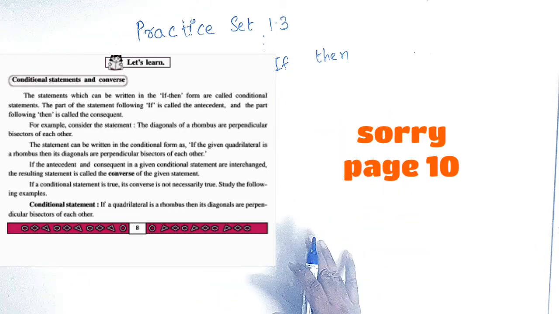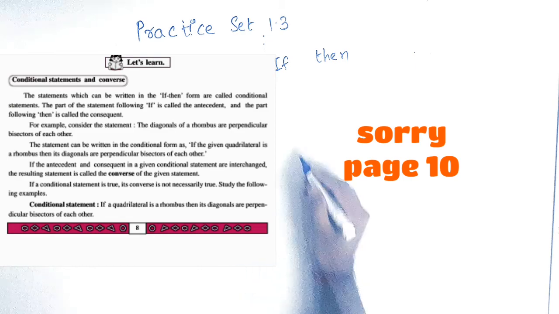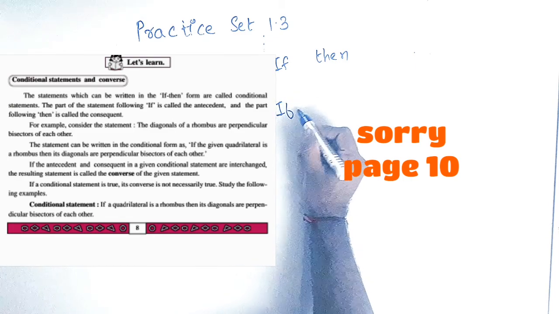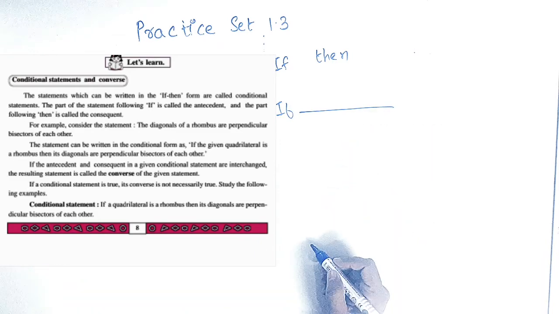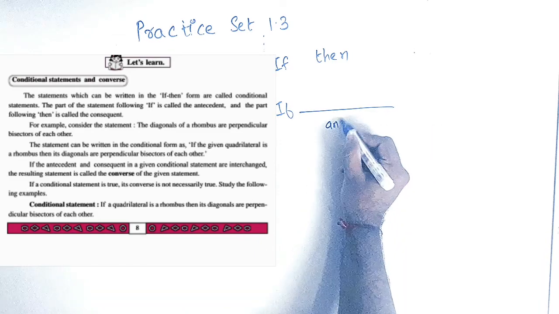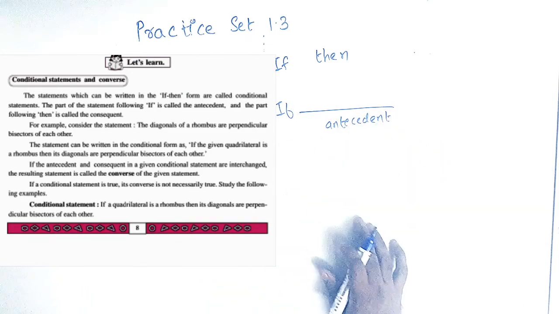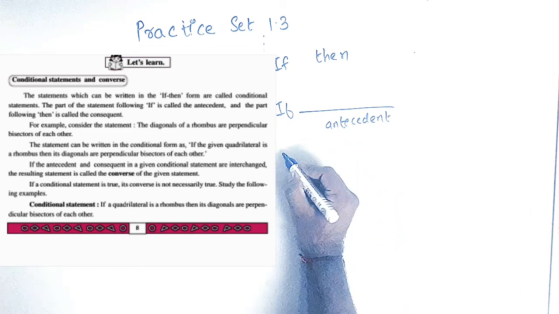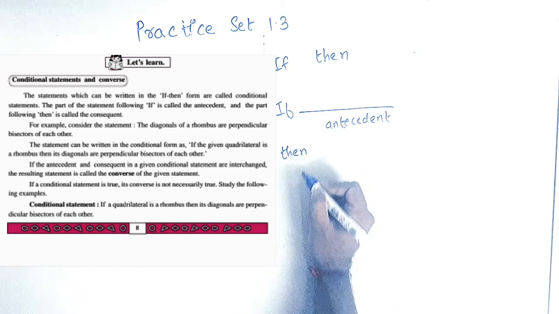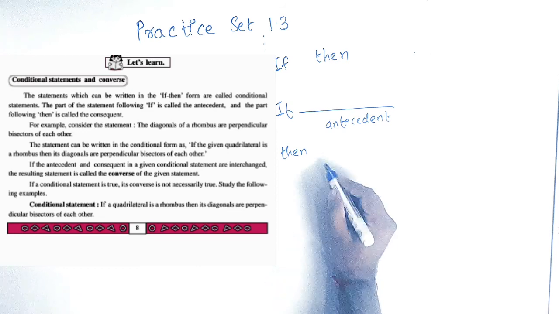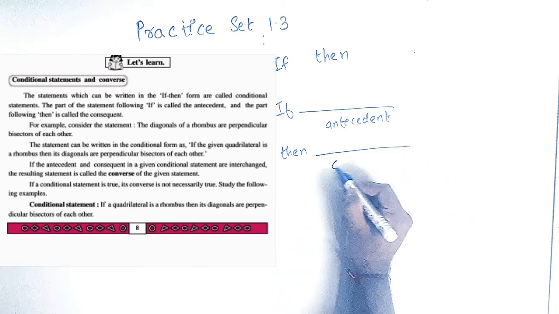How? Let us see. Whatever follows the word if is called the antecedent. I am reading from page 17 of your textbook. And whatever follows the word then is called the consequent.